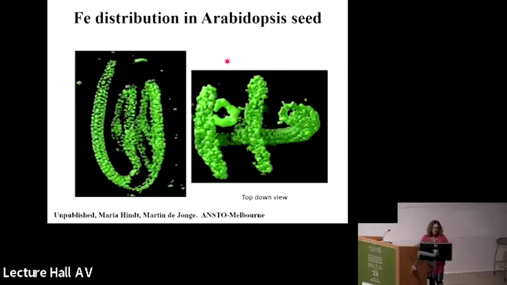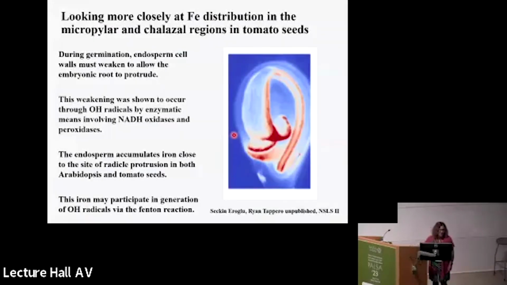And if we rotate the image and look at it top down, now you can see that this really is a defined structure. So, Arabidopsis seeds are really tiny. They're the size of a poppy seed. So Seckin decided maybe he should go to tomato, where he could have a more substantial seed to work with.